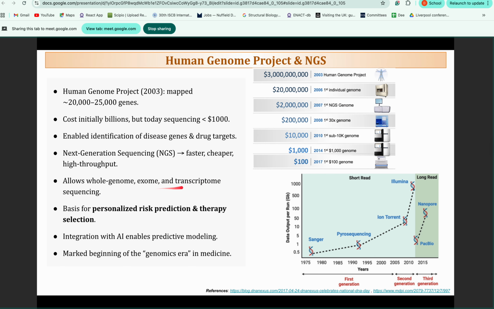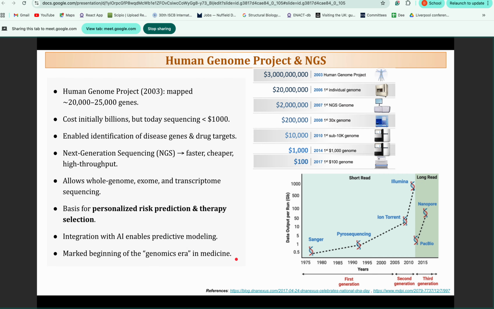Transcriptome sequencing generally happens when we have the RNA, convert it into cDNA and then do the sequencing. It is the basis for personalized risk prediction and therapy selection. Integration with artificial intelligence, that is AI, enables predictive modeling, and it marked the beginning of the genomics era in medicine.